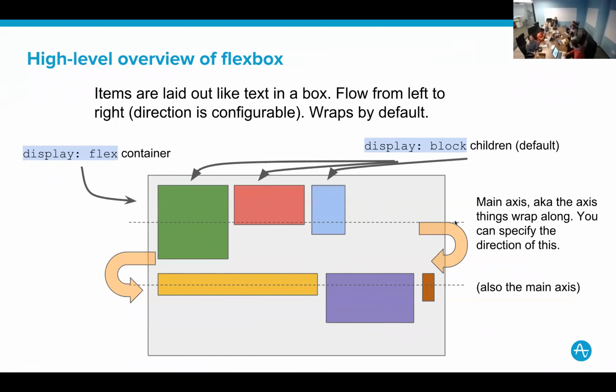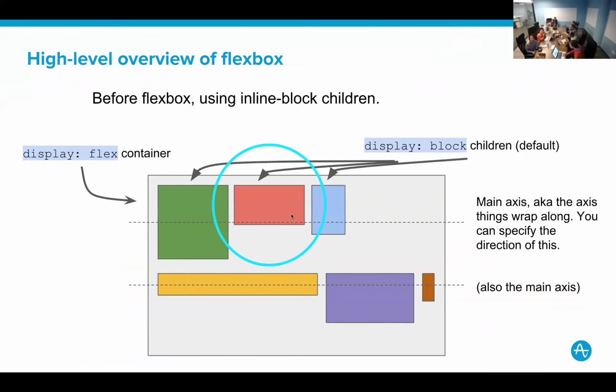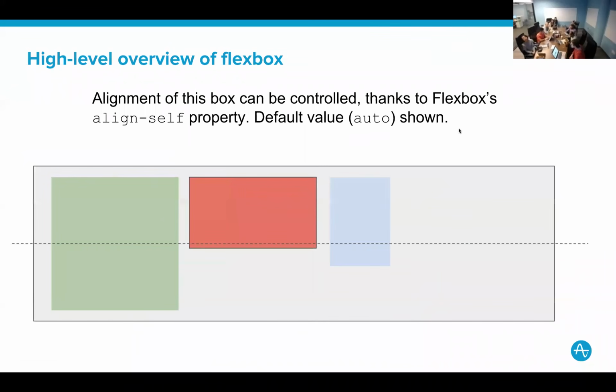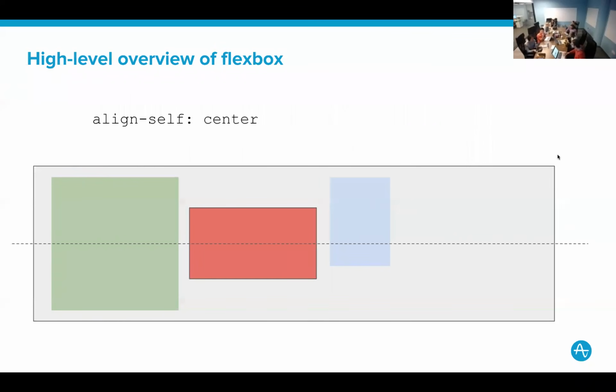And you can change the direction of the main axis, but for this example, it's just horizontal. So let's zoom in on this one particular row and this one particular item. So you can control the alignment along the axis perpendicular to the main axis, which is called the cross axis. And by default, it is aligned to the topmost part, but you can change it using the align self property.